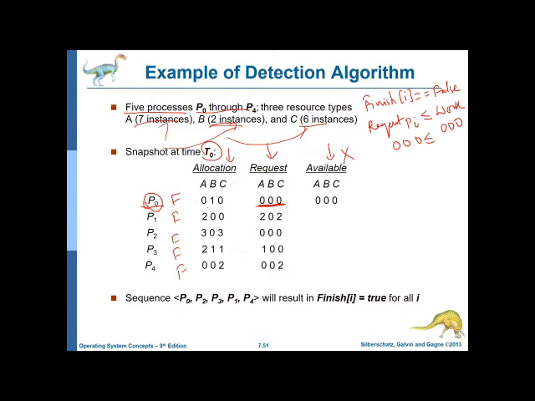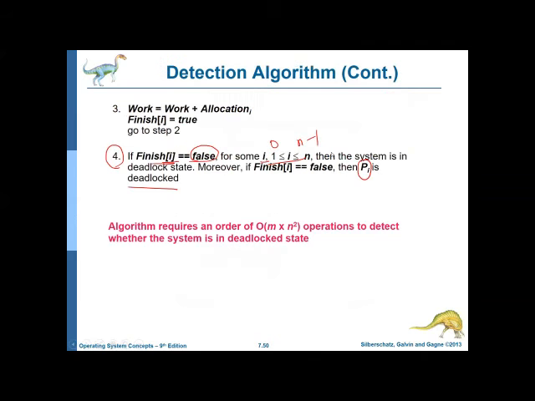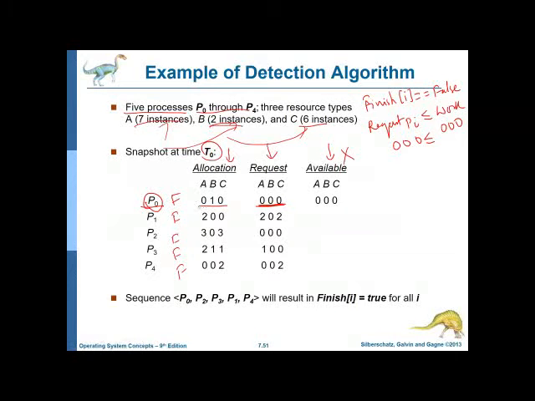So what does it already have? 0, 1, 0. So in our third step, what do you have to do? We have to take the old work. What is the old work? It is the old available plus the allocation of the 0th process. What is the allocation of the 0th process? It is 0, 1, 0. See this? 0, 1, 0.